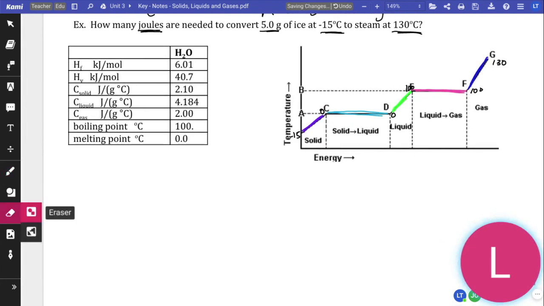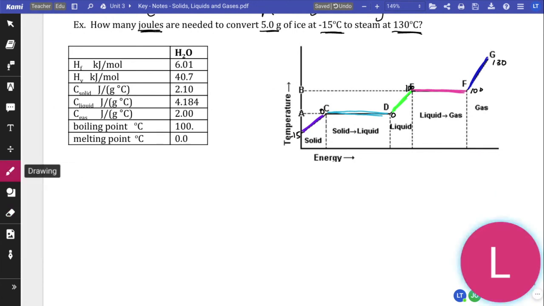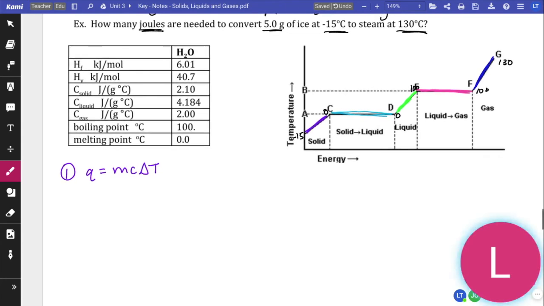All right, so let's get to it. We're going to start with our first segment, segment 1. It's a change in temperature here, so we're going to use the equation Q equals MC delta T. Our mass is 5.0 grams times our specific heat.